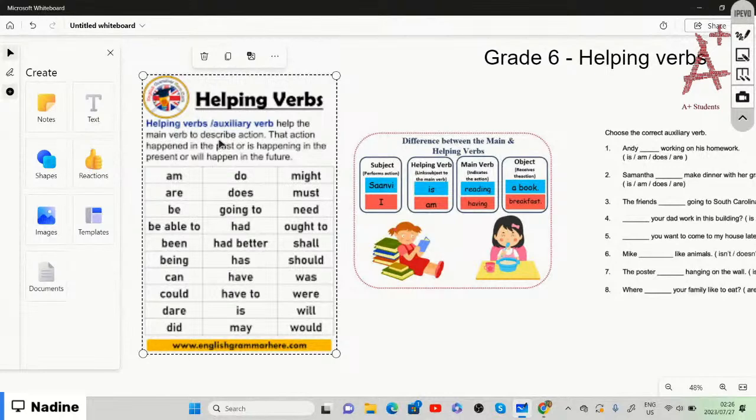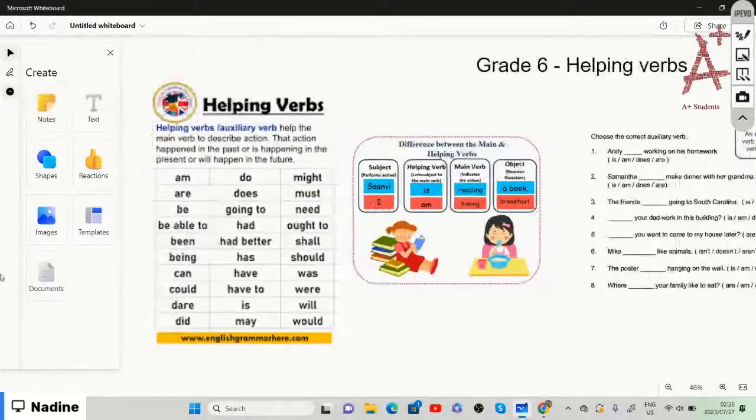And once again, the helping verb or auxiliary verb helps the main verb to describe the action, and that action happened in the past, is happening in the present, or will happen in the future.